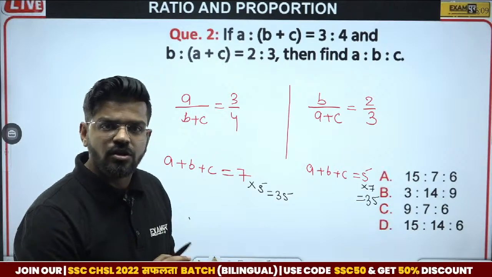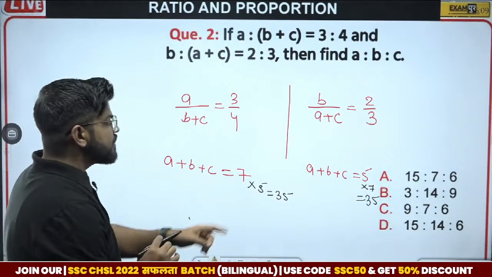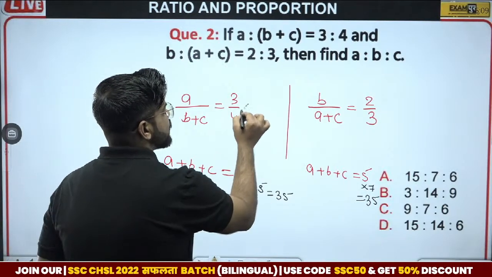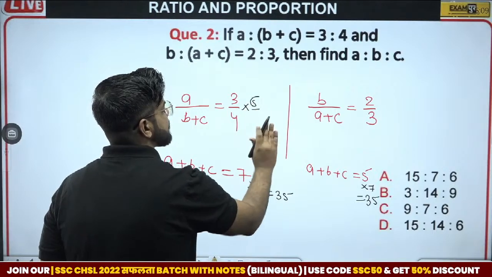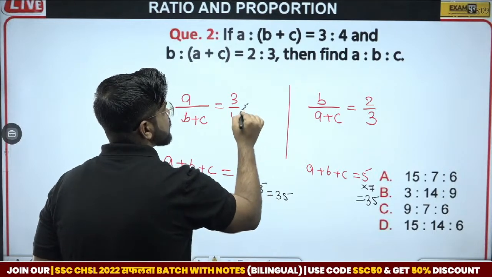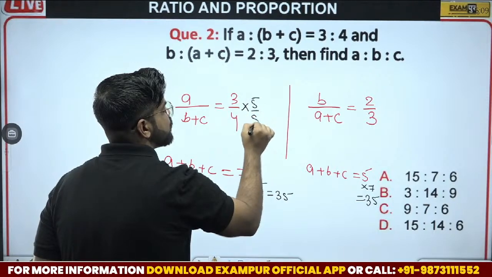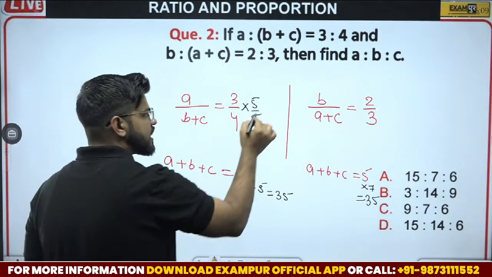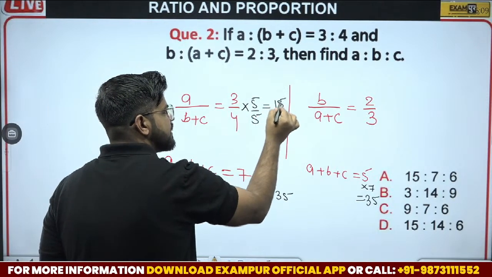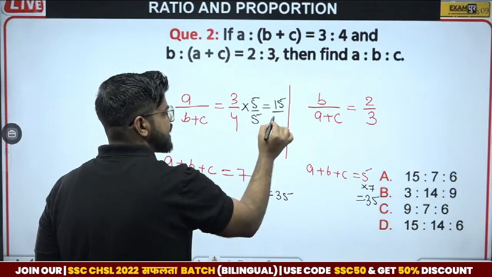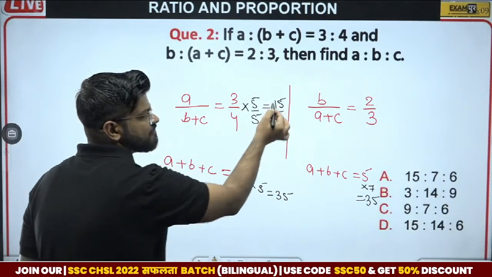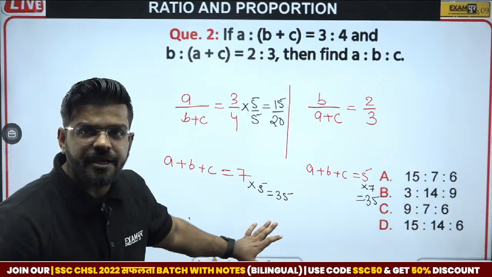By cross multiplication. Now we have multiplied by 5 here, so we also have to multiply 5 in the numerator and denominator so that we can get the sum 35. Now see, 15 and 20 is 35.